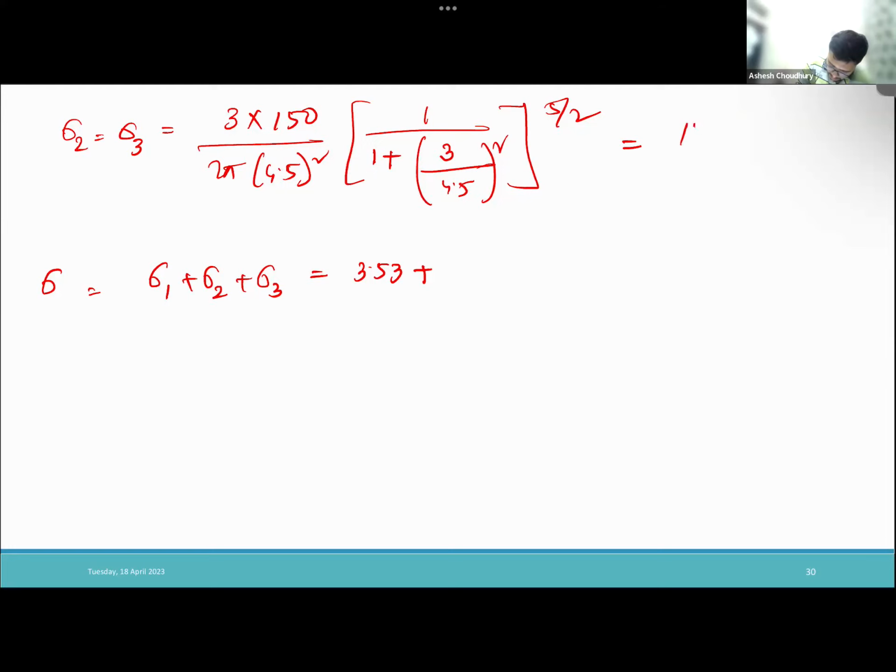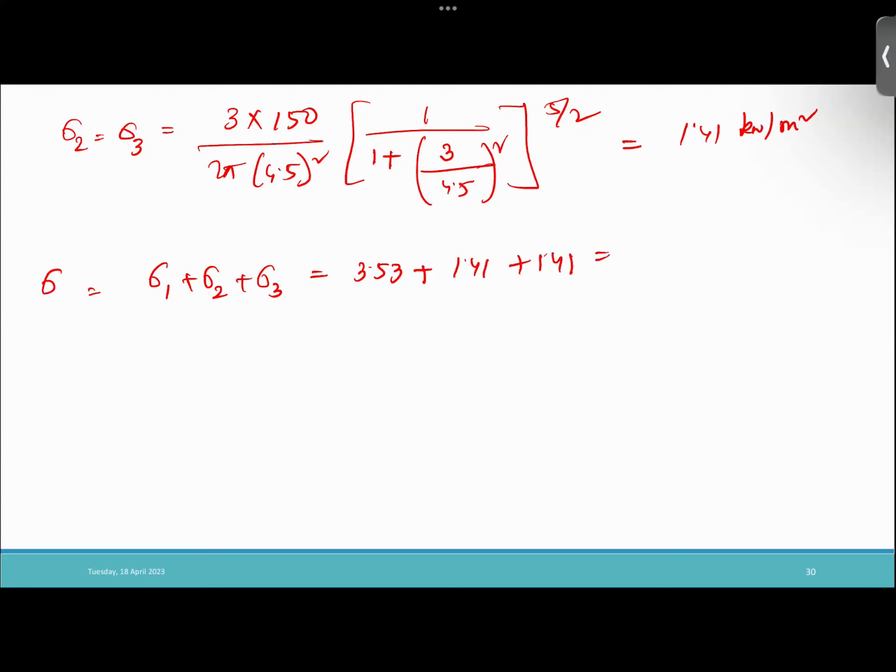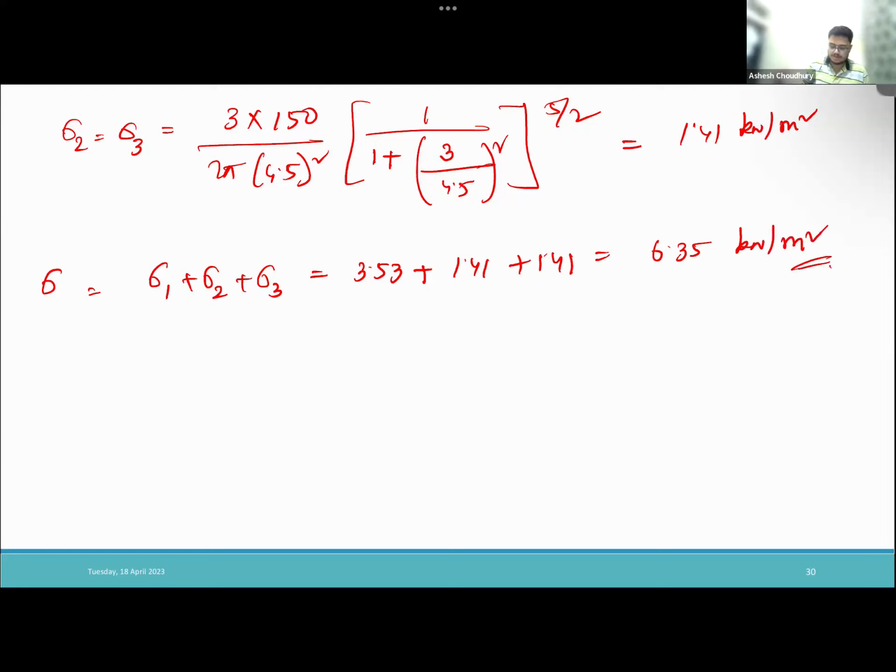Yeah, 1.41 kilonewton per meter square. So 1.41 plus 1.41, so in total we have 6.35 kilonewton per meter square. Okay, so this is the final answer. Right?